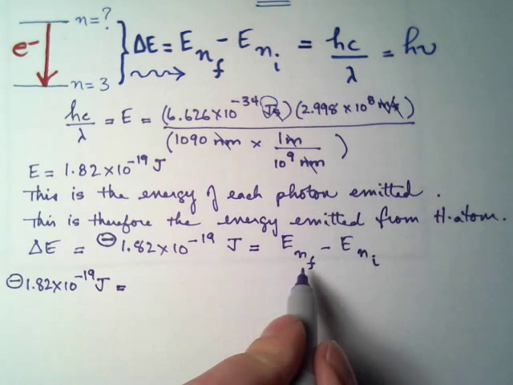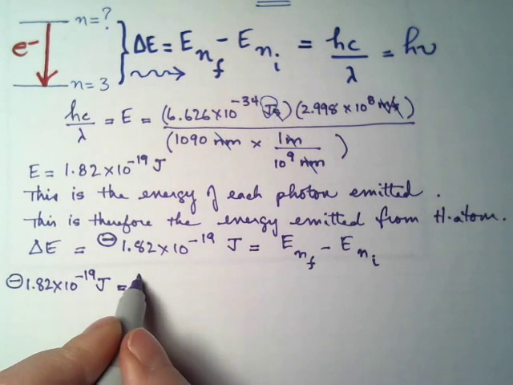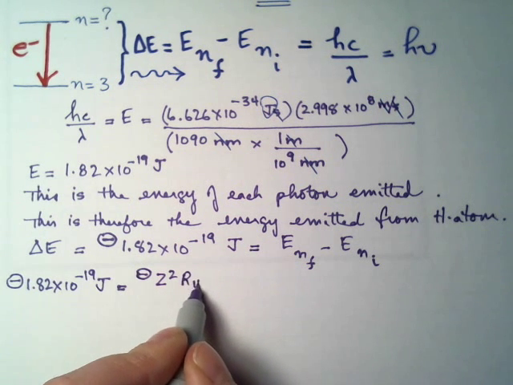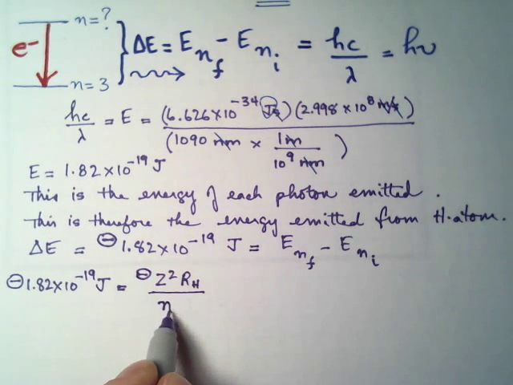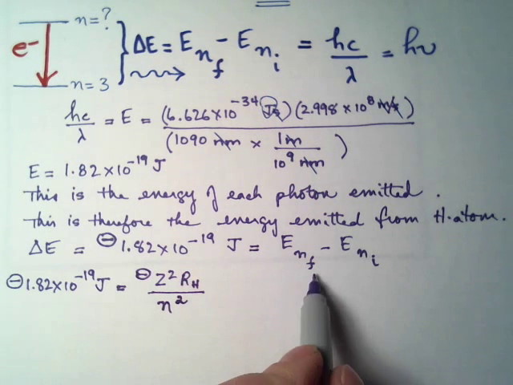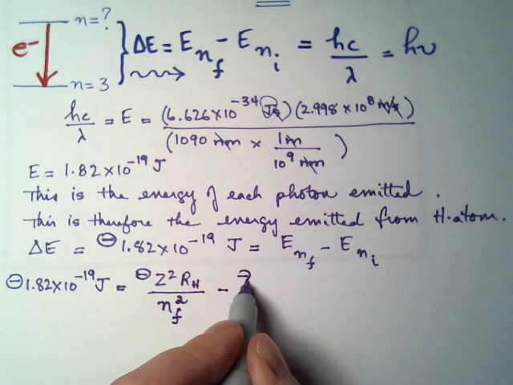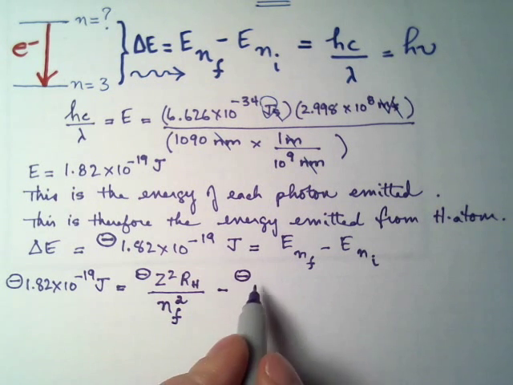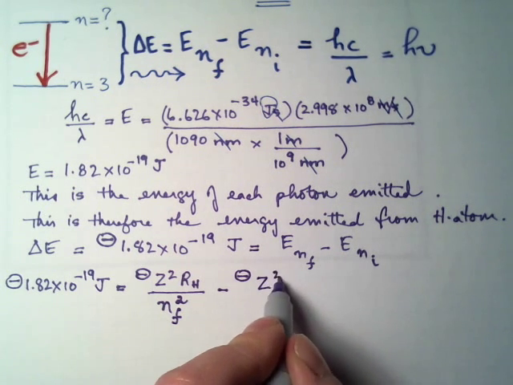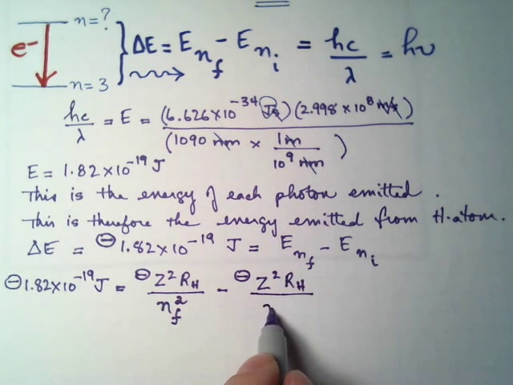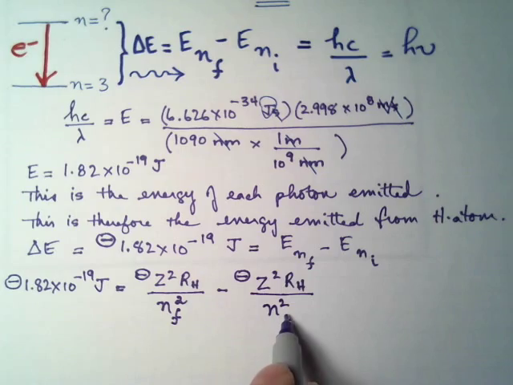And I know that that is a minus Z squared R_H over, now not just any n squared, but n final squared, minus the energy of this, which is a negative Z squared R_H over n squared, but in this case it's n initial.